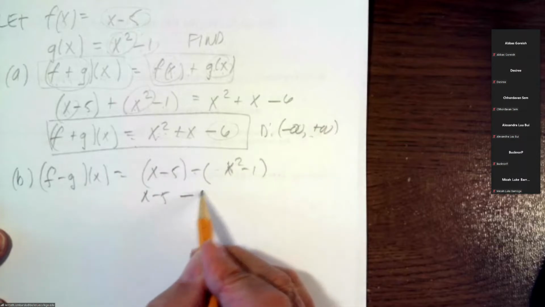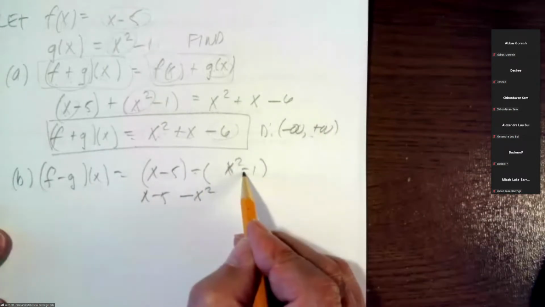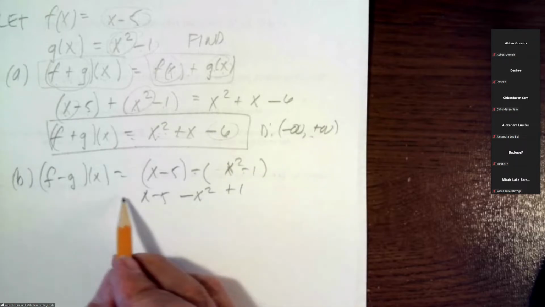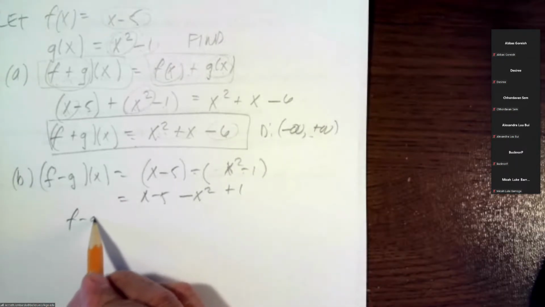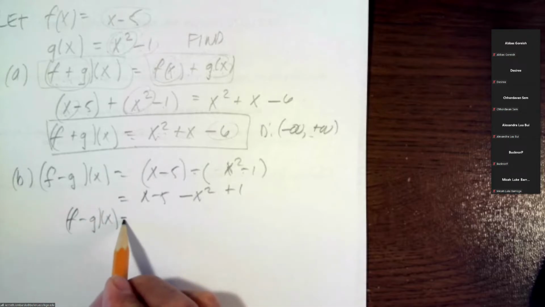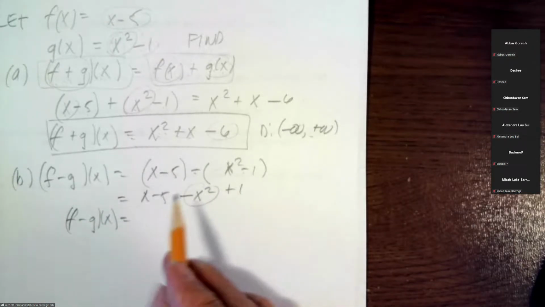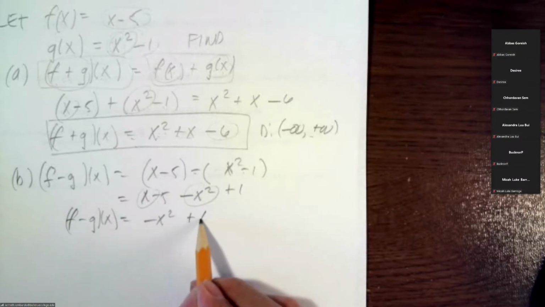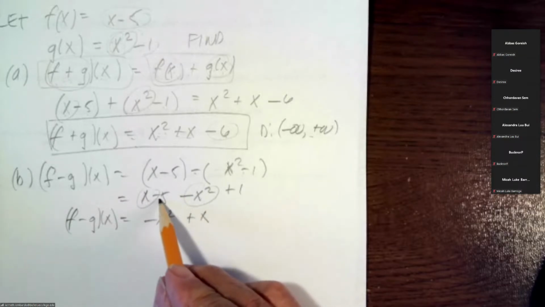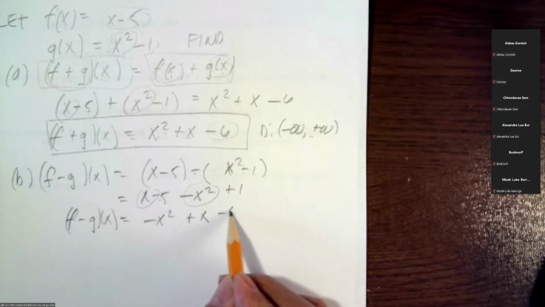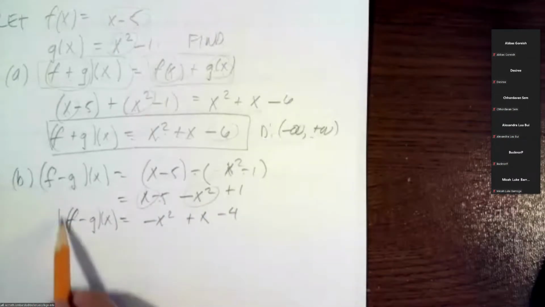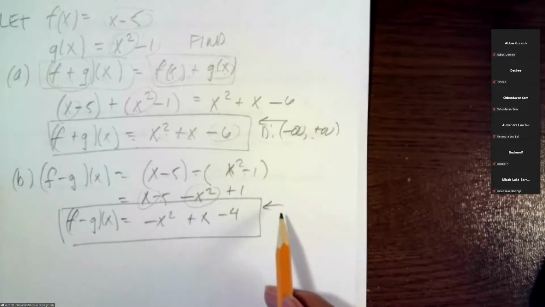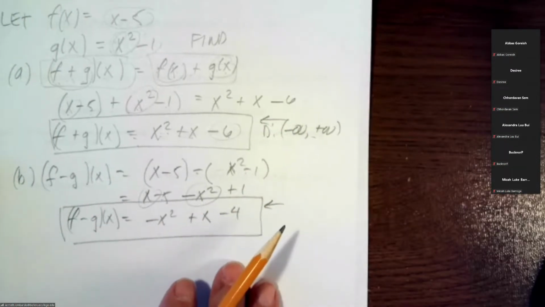Negative x squared, that's negative x squared. Negative times a negative is a positive 1, isn't it? So I can simplify f minus g evaluated at x equals negative x squared plus x, and negative 5 plus 1 is negative 4. Okay. Questions on what we did there?